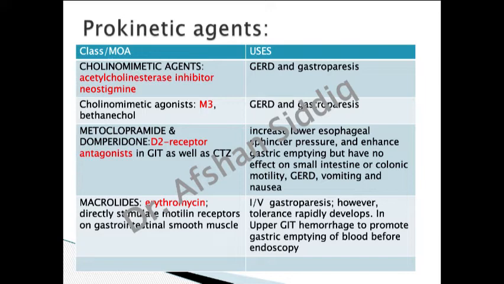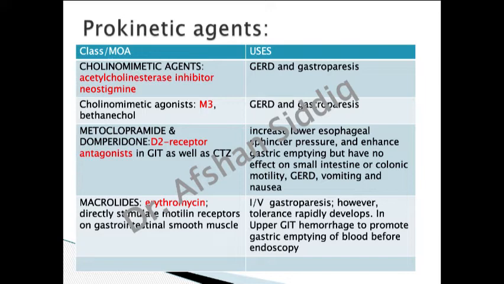Metoclopramide or domperidone are D2 receptor antagonists and act in the GIT as well as in the chemoreceptor trigger zone. They increase lower esophageal sphincter pressure and enhance gastric emptying, but have no effect on small intestine or colonic motility. Therefore, they are used in GERD, vomiting, and nausea.